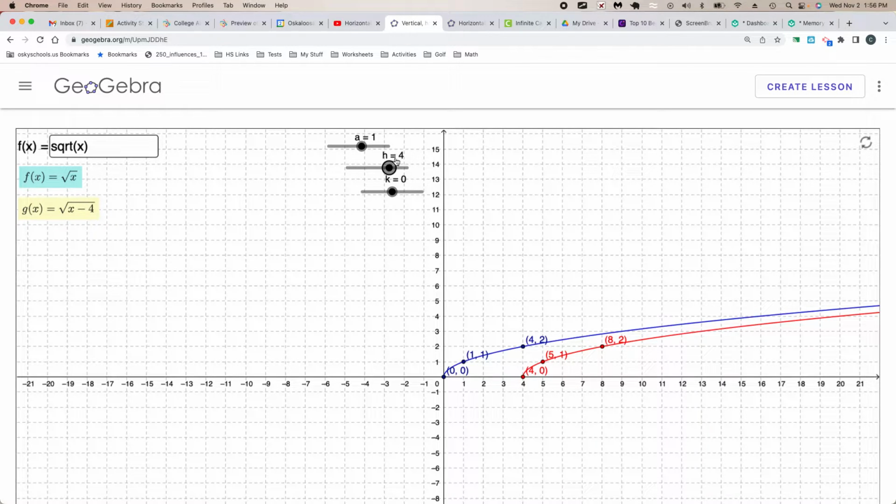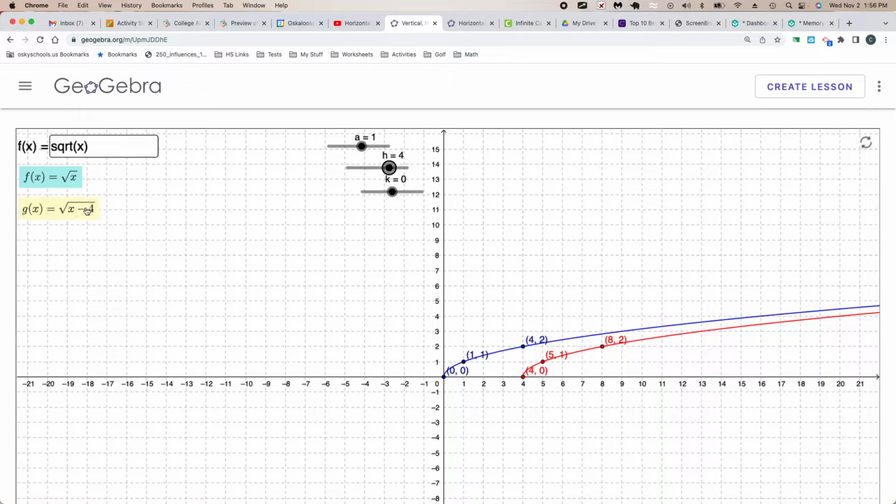As I make h positive, the equation looks like h is negative, but what that really shows is that we're moving this 4 to the right on the graph. So we have a shift 4 to the right.